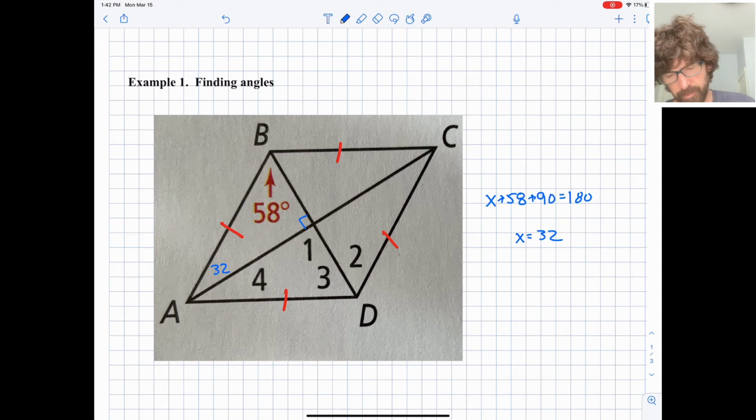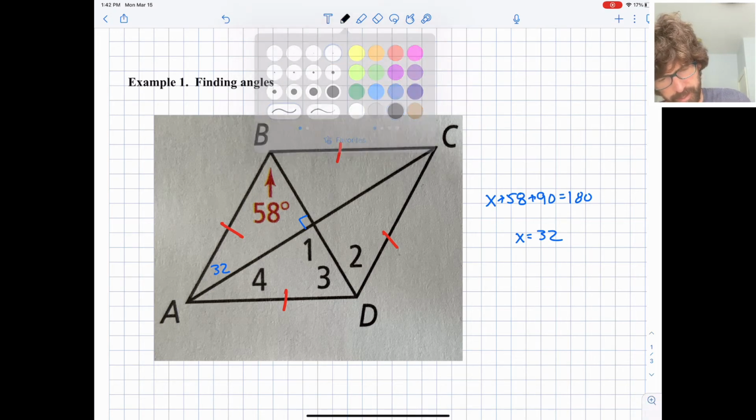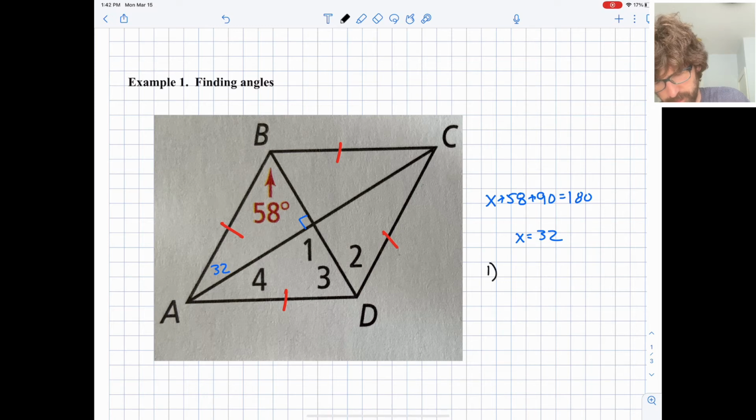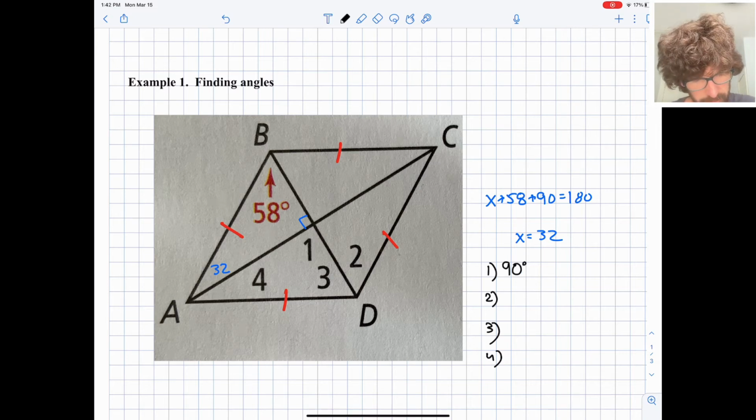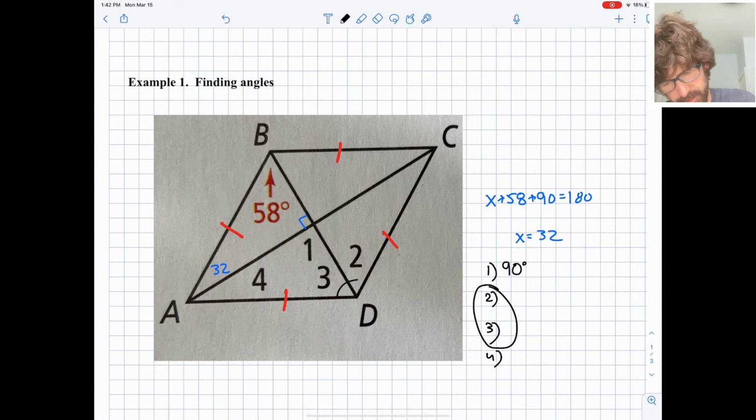And now there's a lot we can do here. And so let's start compiling. We need to find angles 1, 2, 3, and 4. Hopefully you can tell that 1 is a 90-degree angle because of those perpendicular bisectors. Hopefully you can tell that 2 and 3 have to be the same because diagonal BD is an angle bisector. And since opposite angles of a parallelogram are congruent, we know that angle D has to be the same as angle B here.